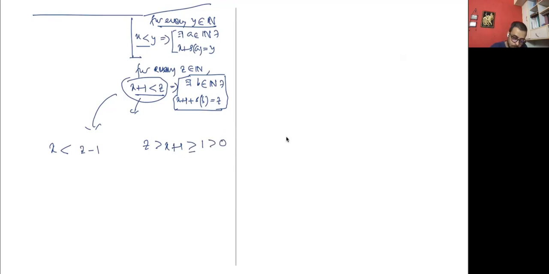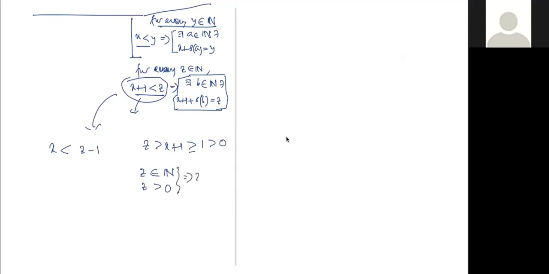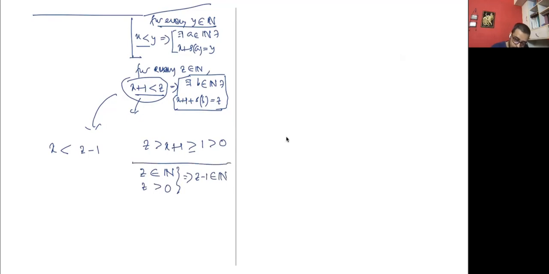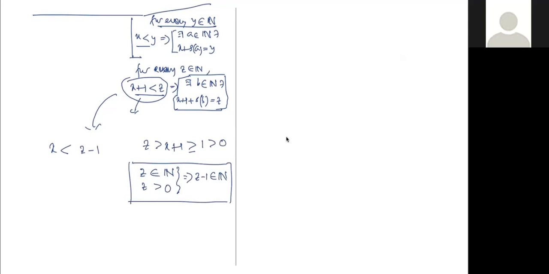So z is greater than 0. Z comes from N, so z belongs to N, which means that there exists an A such that. Okay, so this is a statement that you are using here, right? Yes. Okay, so maybe I'll write it down, because this is also a statement that would follow, but one needs to give a proof.